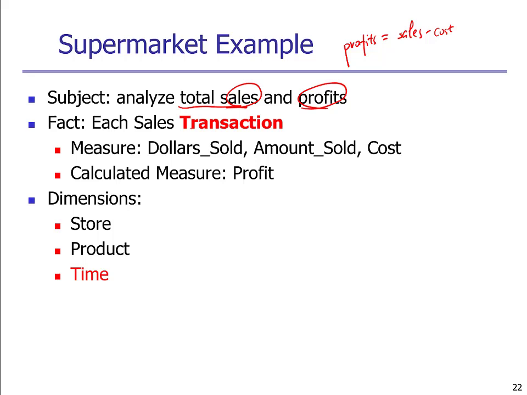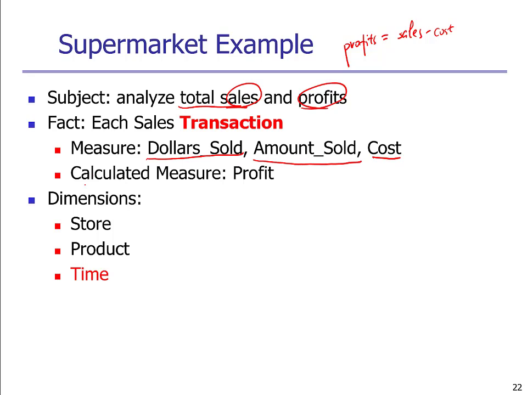So what are the measures in this transaction? You would have dollars sold, which is the total amount the customer pays, right? The amount sold, which is how many items the customer buys. Cost is the money that the supermarket used to buy these goods, and then sold to others. These are the raw measures; you can directly get them from a database or from the transaction itself.